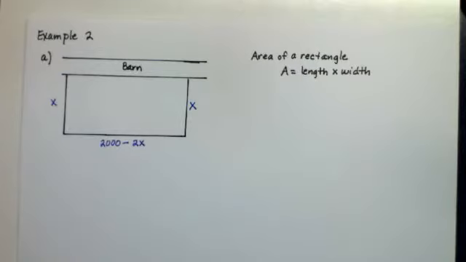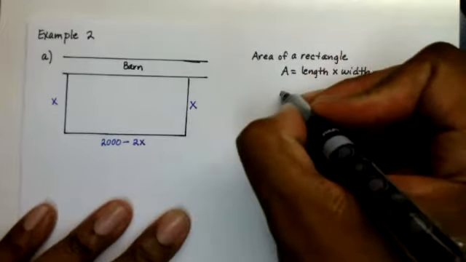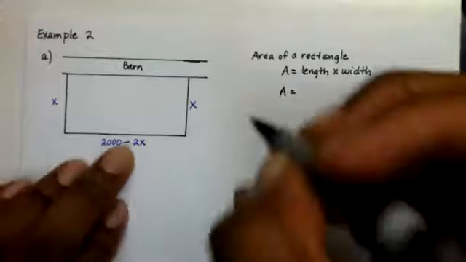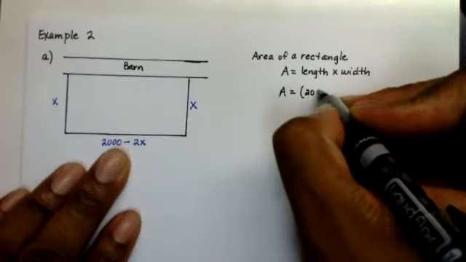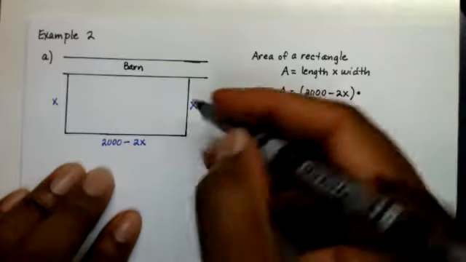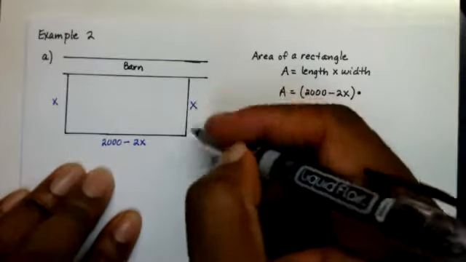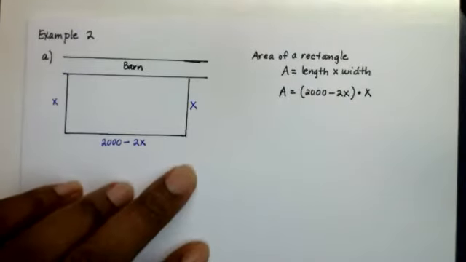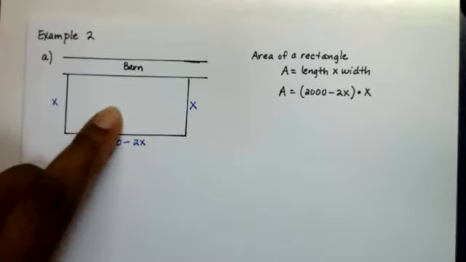Okay. Now the area of the rectangle, of course, is length times the width. That would mean A is equal to, the length here is 2,000 minus 2X, times the width of one side, that's this width right here, would be X. So now I have an area formula for this right here.